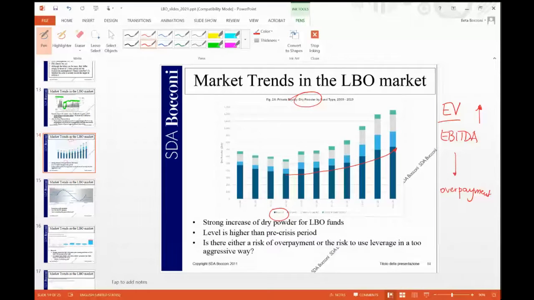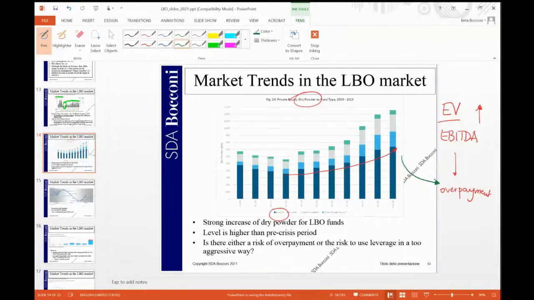So essentially what happens nowadays is that there is a big amount of unspent cash that these funds have available. And probably this cash is not spent exactly because the risk to overpay is becoming increasingly important due to the fact that liquidity is very abundant. And when liquidity is very abundant, interest rates are very low.